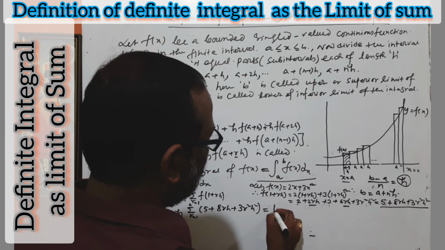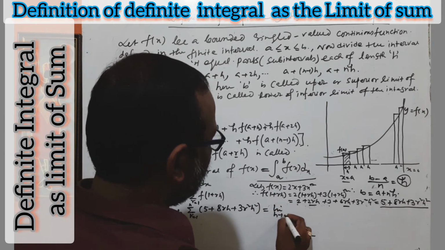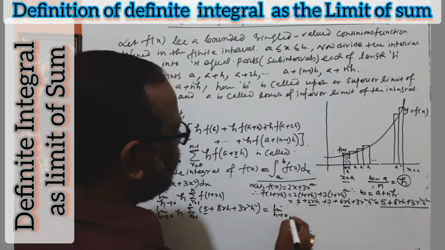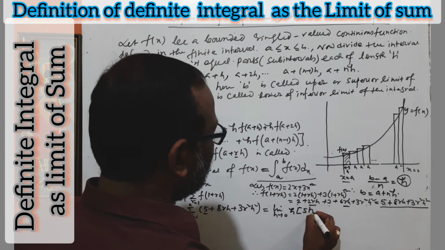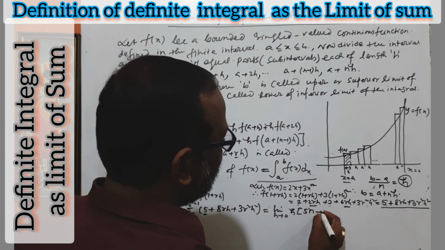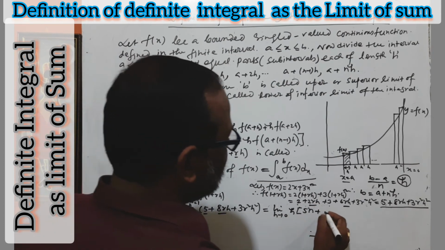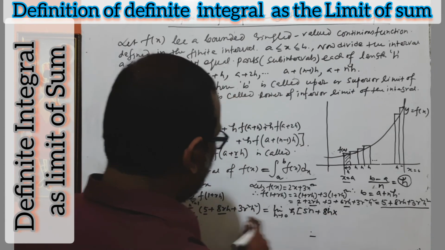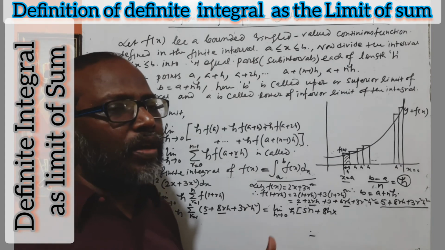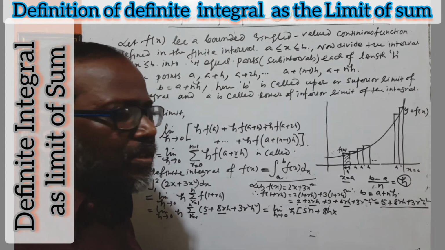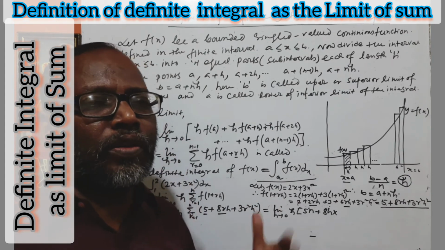Now this is our limit h tends to 0. Summation of 5 we can write as 5n, and this is our 8h, and the summation of r, in place of r we can put 1, 2, 3, as this is a summation, so this is the sum of 1 plus 2 plus 3 up to n.